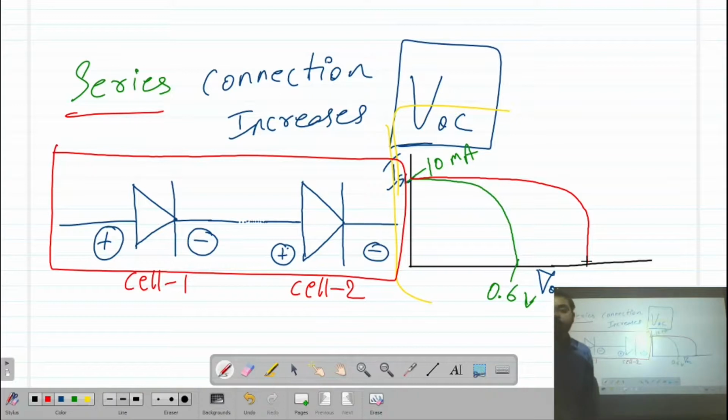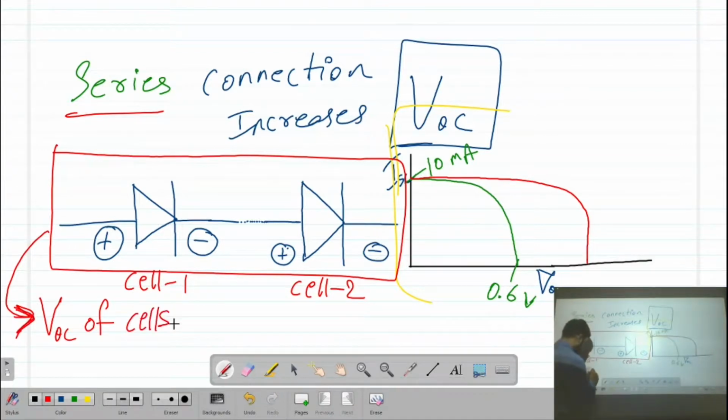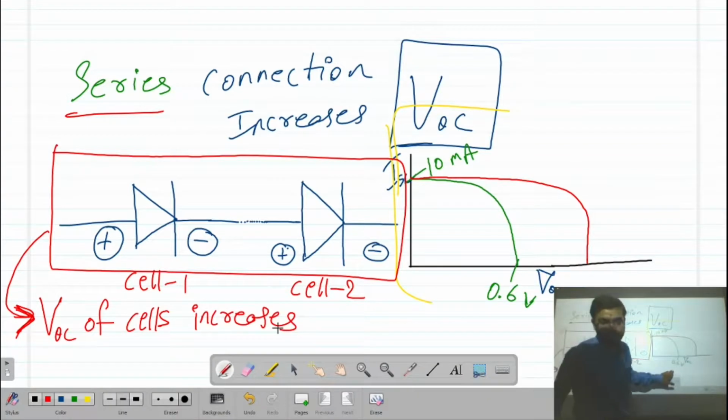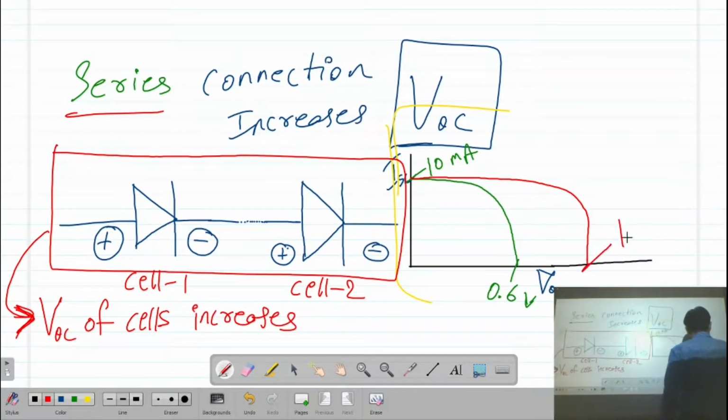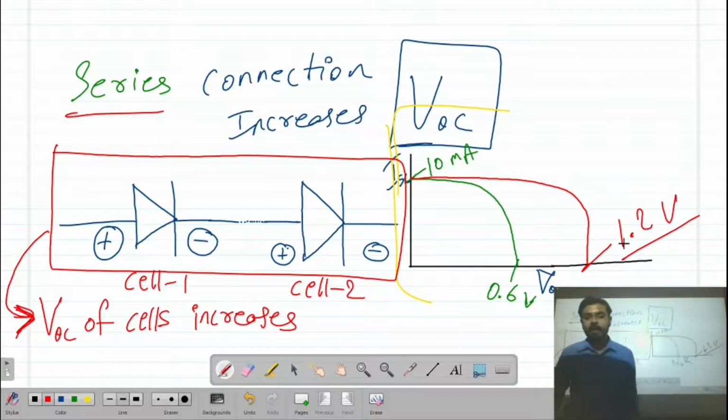Now the VOC of the cell increases. Before it was 0.6, now it will be 1.2 volt, right?